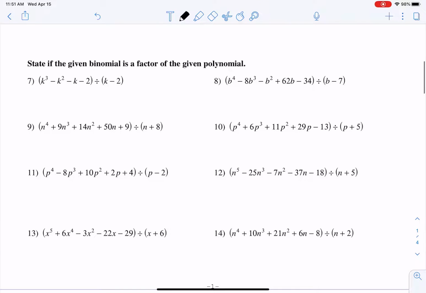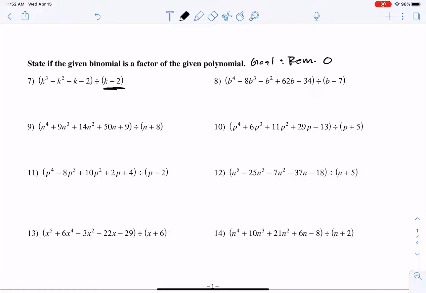Okay, 7 is now asking you to state if the factor that's given is a factor of the polynomial. So we're going to use the same process of the synthetic division, and what we're looking for is a remainder of 0. So the goal here is remainder 0, because if you have a remainder of 0, that means that that is actually on the x-axis.